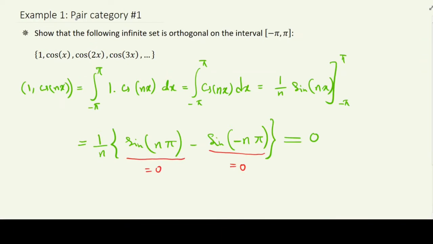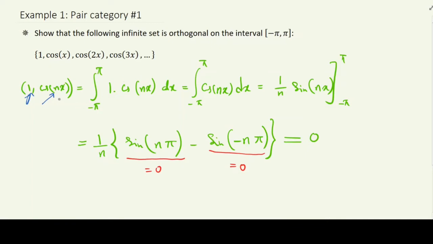So let's consider the first category in which you have 1 and cosine nx. And we want to find the inner product of these two functions. One of them is 1, and the other one is cosine nx, which can be cosine x, cosine 2x, cosine 3x, and so on and so forth.